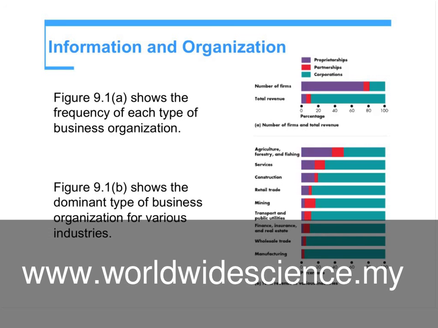Okay, so let's go to the next slide. Markets and competitive environments. Economists identify 4 market types: perfect competition, monopolistic competition, oligopoly and monopoly. We can go ahead and discuss them separately.